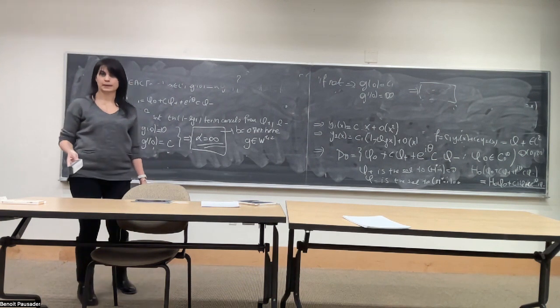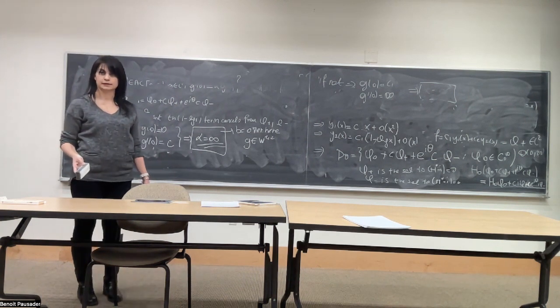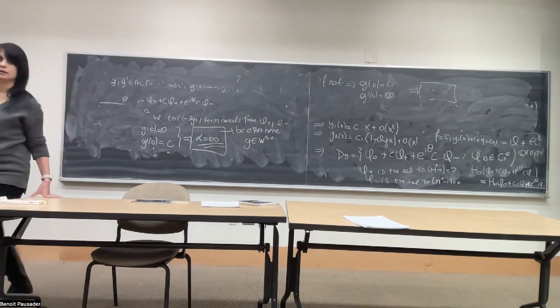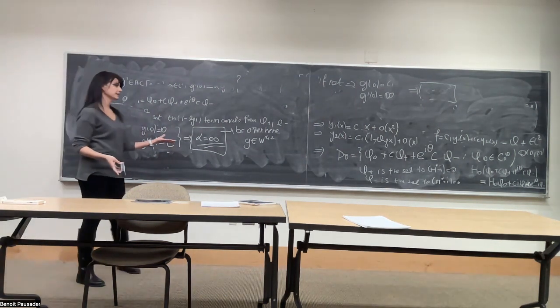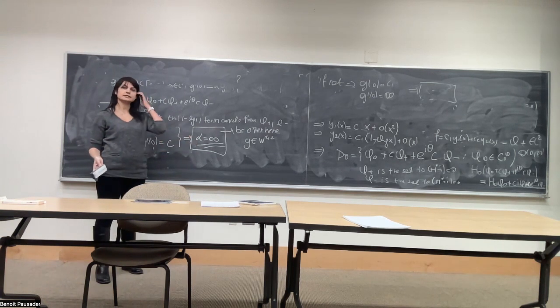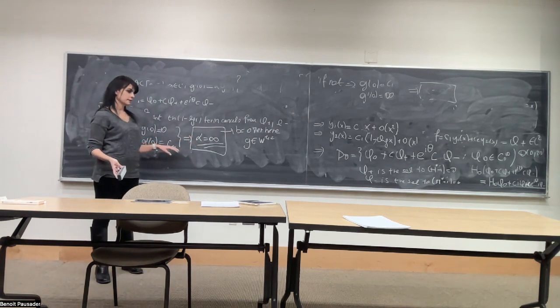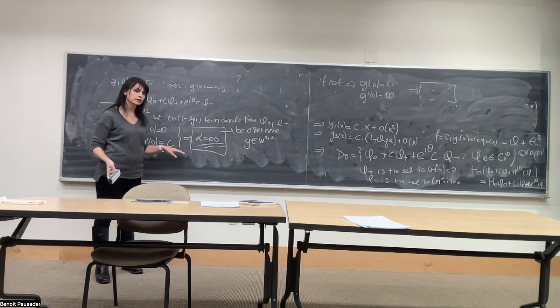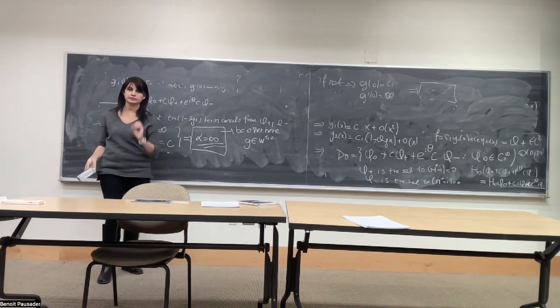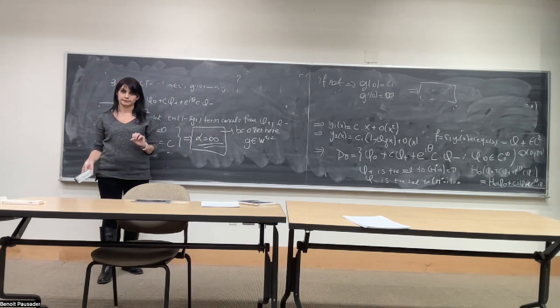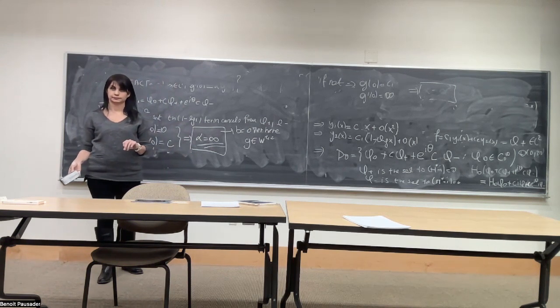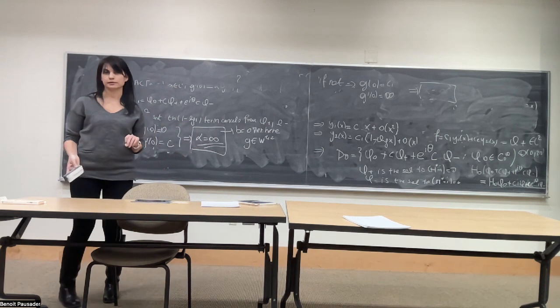So another way to pick your domain would have been to use the form domain, or the Friedrichs extension. Yes, this corresponds to the Friedrichs extension exactly. So basically our Green's function, our resolvent operator, will be exactly reduced from the higher dimensional one, like a regular resolvent form.